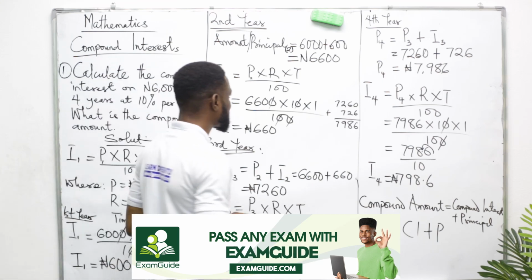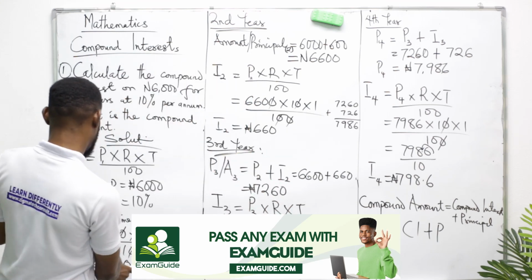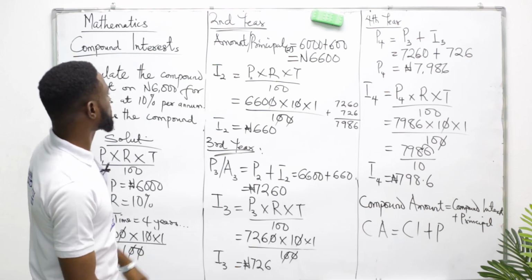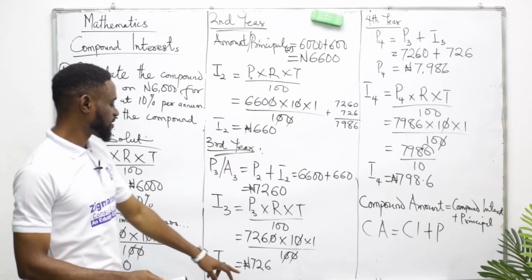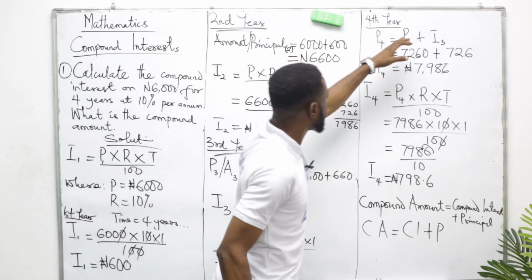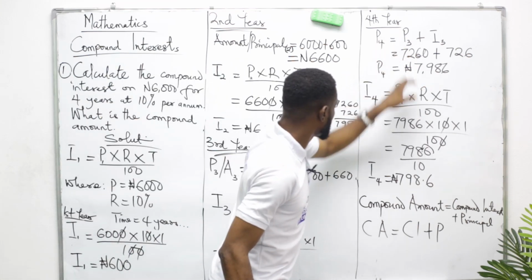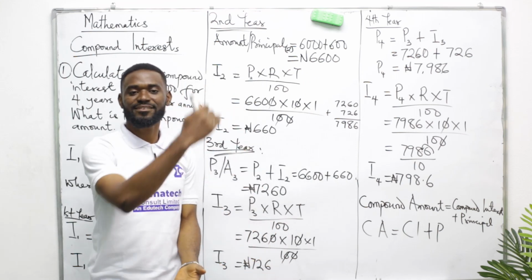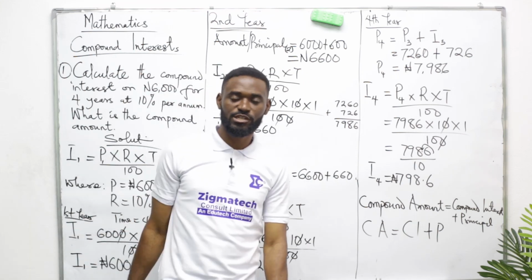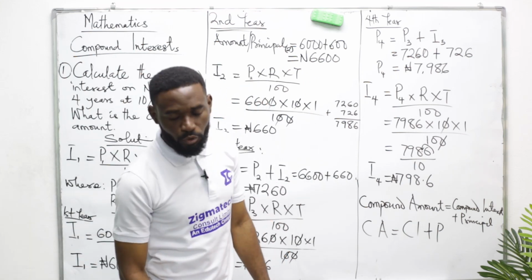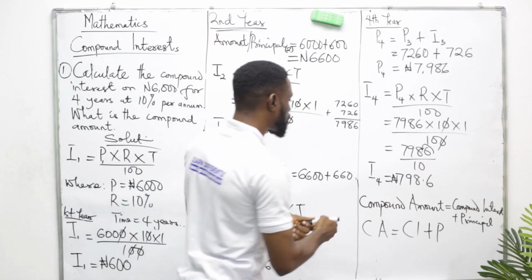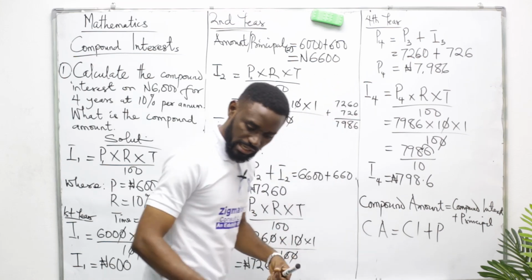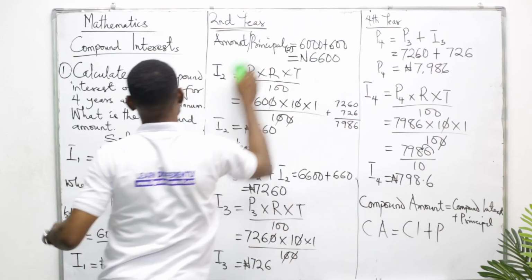We have interest for year 1, which is 600, interest for year 2, interest for year 3, and interest for year 4, which is this. When we add everything together, it gives us the compound interest. So let's look at that now. Let me quickly clean this.